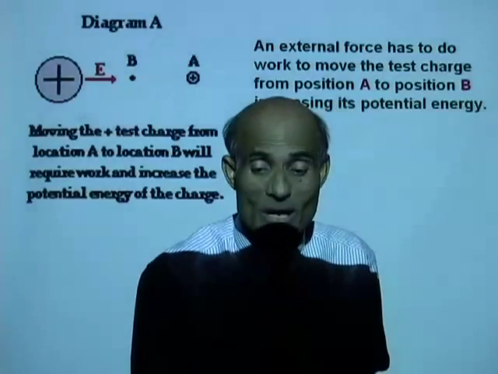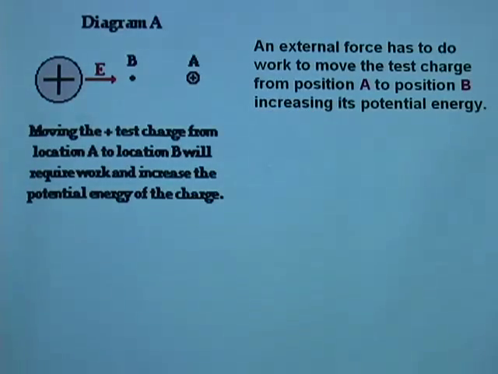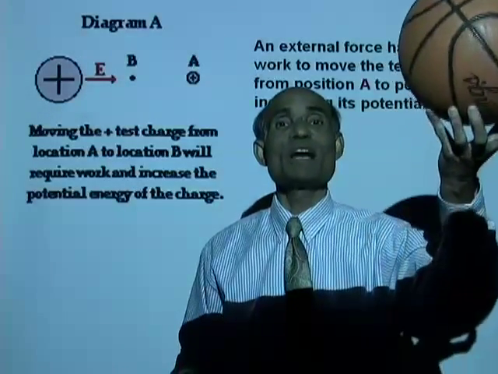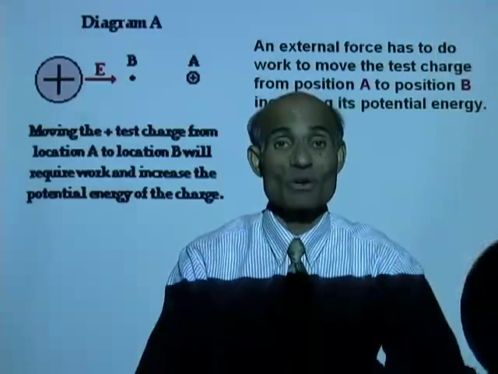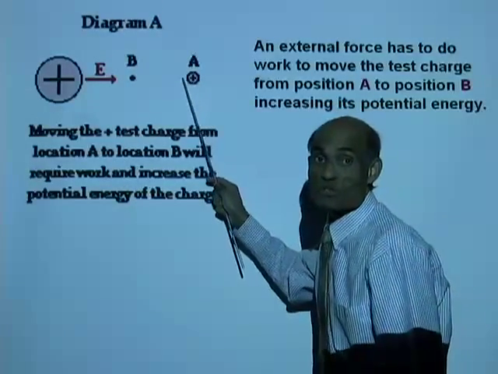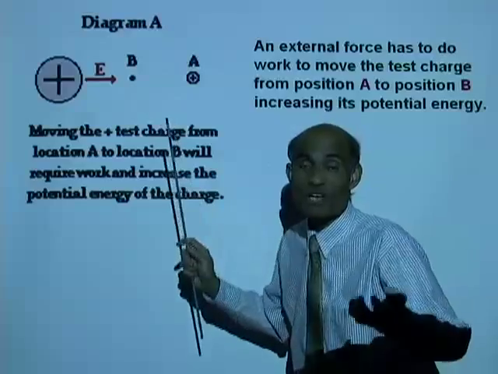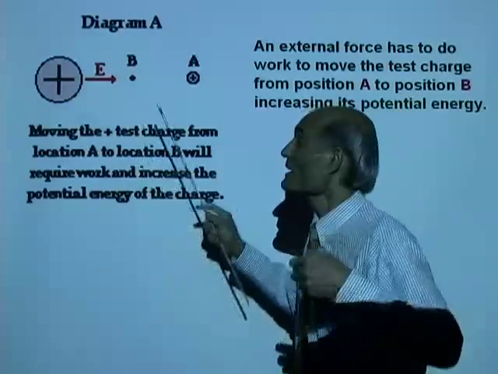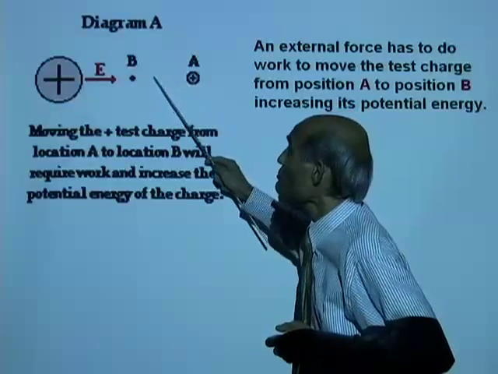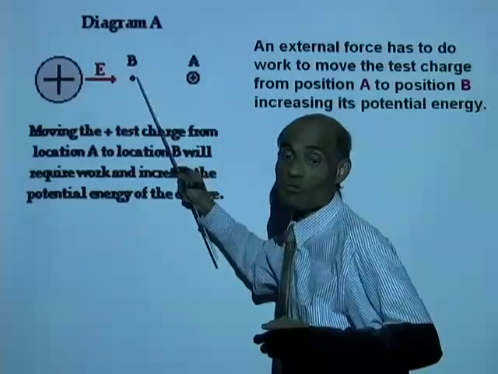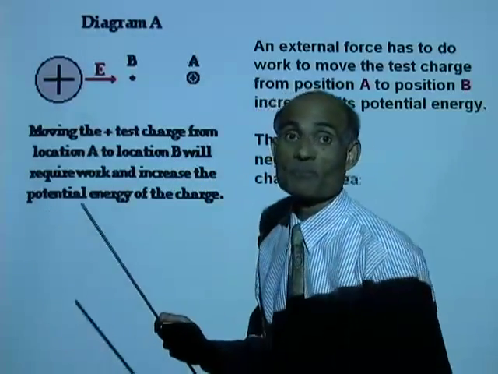In the same way, when you want to raise an object in the gravitational field, an external force has to do work. So, moving a test charge towards a positive charge is like raising an object in the gravitational field. An external force has to do work to move this positive test charge from A to B.